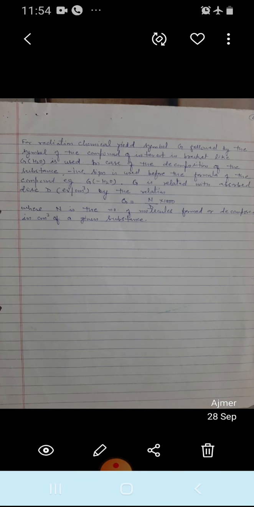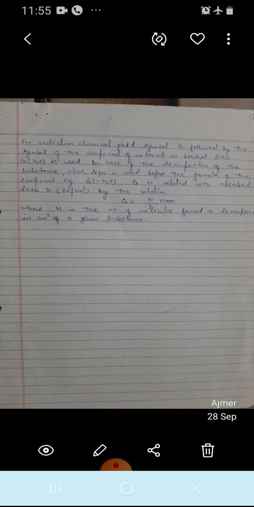The symbol is capital G, followed by the symbol of the compound of interest in brackets, like G(water). It means water is the material absorbing the radiation. In case of decomposition of the substance, a negative sign is used before the formula of the compound, for example G(-water). The negative sign indicates that water is decomposing by absorption of the radiation.